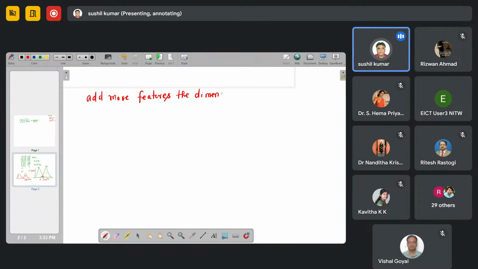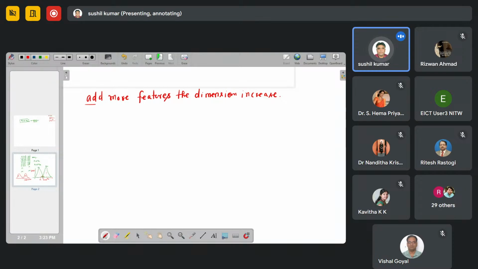Earlier, suppose you had three features, then it will be 10, and it may be 100, and it may be 1000 also. So the dimension will increase. What exactly are we saying? Adding more features increases the dimension, which means we are increasing the dimension for separability here.